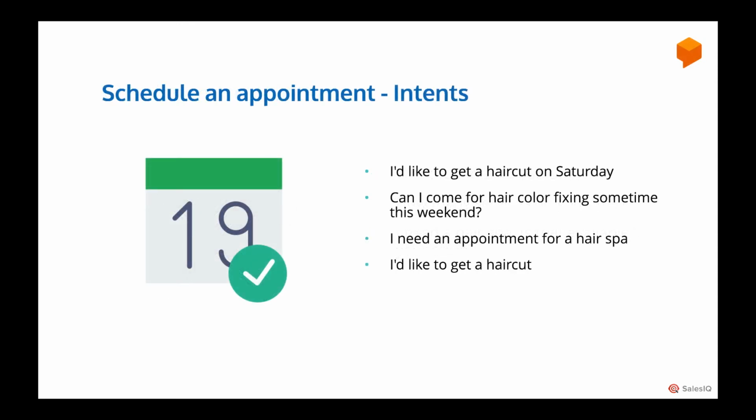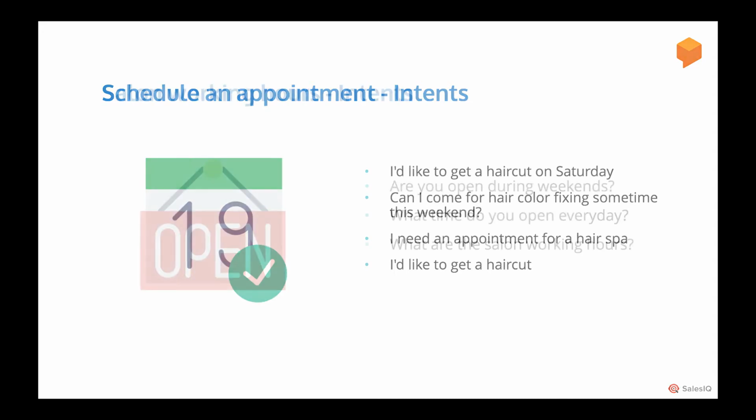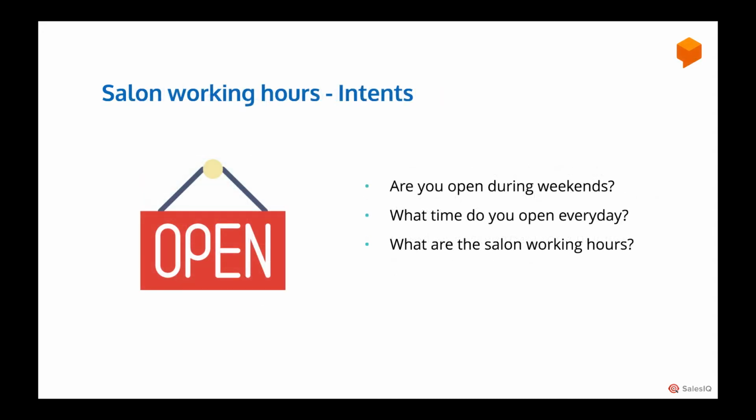And for the schedule appointment intent, I can say I'd like to get a haircut on Saturday. When can I fix an appointment? Are there any free slots? So I'm going to keep feeding training phrases like these. And for salon working hours, training phrases like, are you open during weekends, what are salon working hours, what time do you work every day, etc.